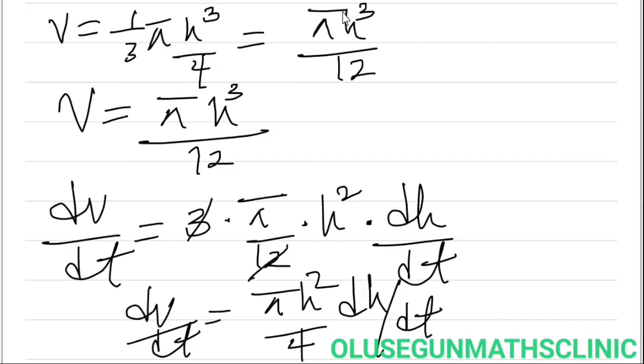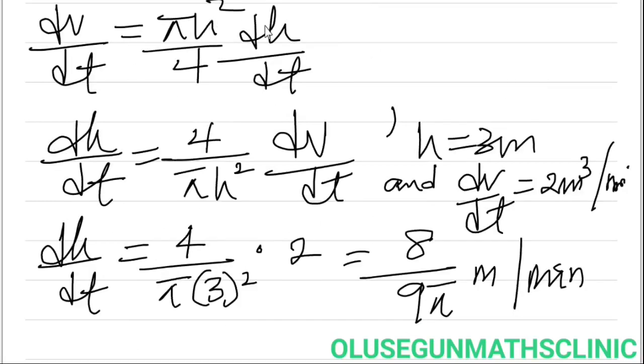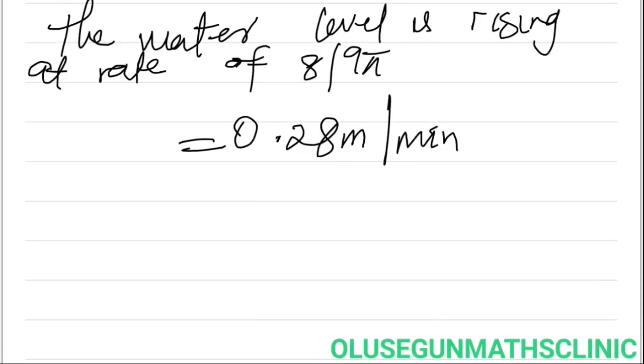Later we put the values so that it is in V and H only, so you can differentiate dV/dt in an implicit form. Implicit differentiation, so to now get dV/dt. So we now make dH/dt the subject of the formula and we substitute. So the water level is rising at the rate of 8/9 pi, which is 0.28 meter per minute.